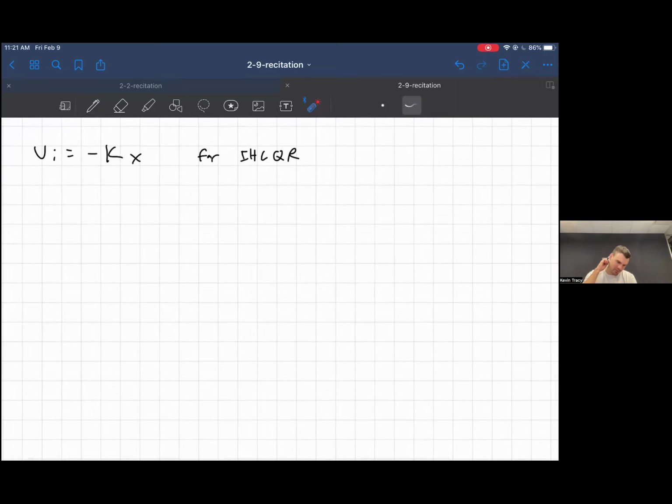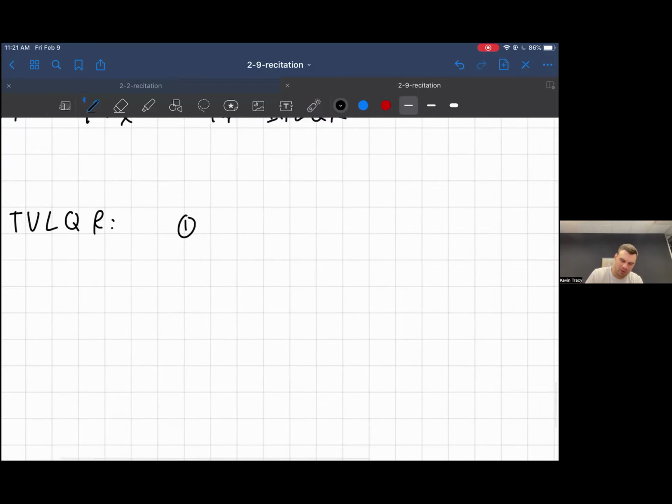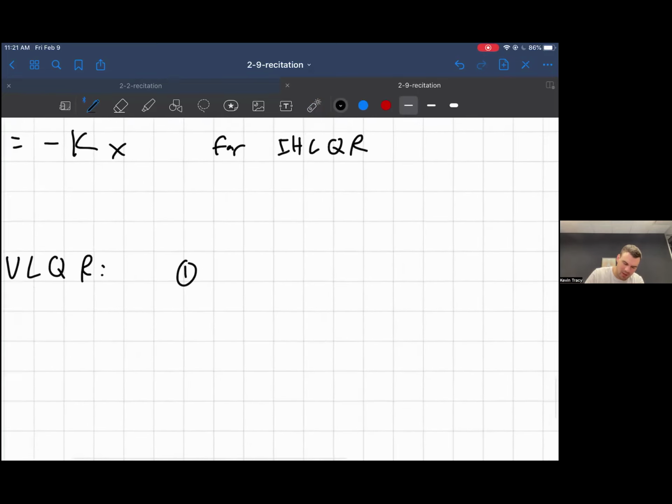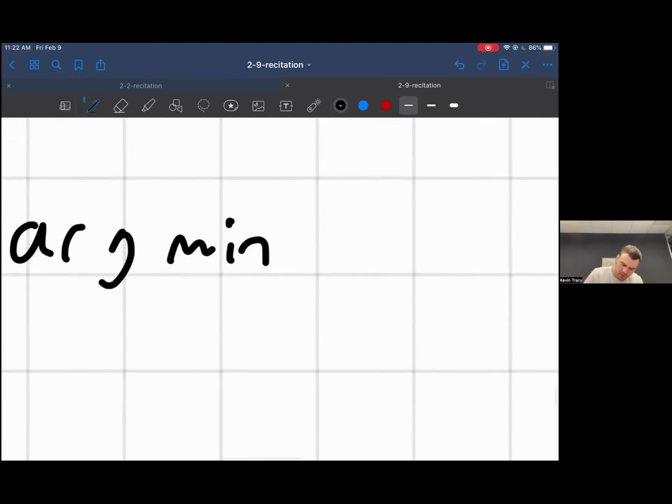Now, when we talked about the way we can solve finite horizon LQR, I said I can solve it as a QP, or I can solve it with Riccati. Let's talk about what those look like and why we do one versus the other. So for time-varying LQR, one option is I can solve a QP. So I can say U equals argmin.